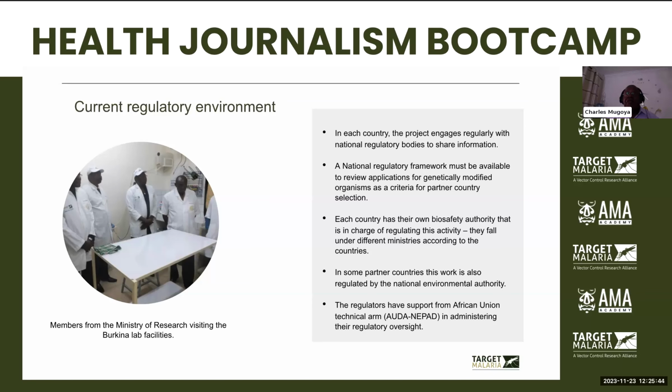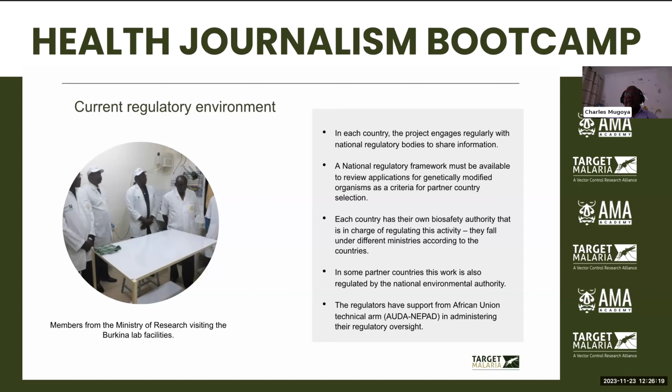That is, we share information, but we also share the results of the risk assessment that is coming out of the research. So for us, it is very important that a national biosafety framework must be available. Countries that have this biosafety framework are the countries that we're working with currently. And each country has its own biosafety authority, and that's the authority in charge of regulating this activity.